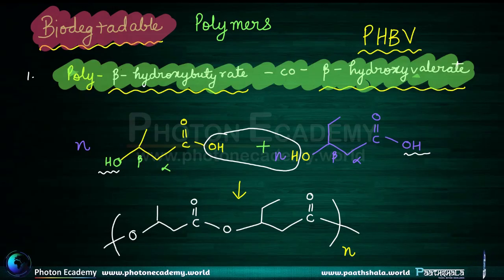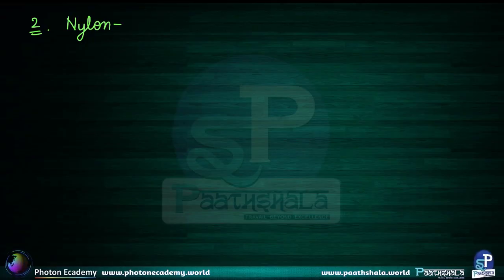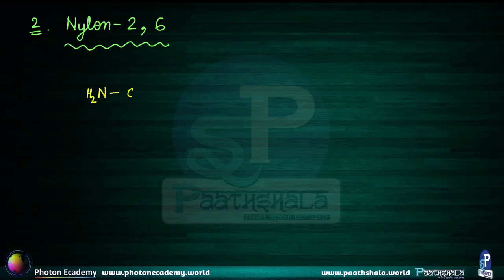Now, moving on to the next one. The second biodegradable polymer that we'll be discussing is nylon 2,6. Up till now, we have discussed a lot of nylon polymers, and all of them were not biodegradable. Only this one is, and it is formed by two monomers again. This is NH2 CH2, C double bond O, OH.